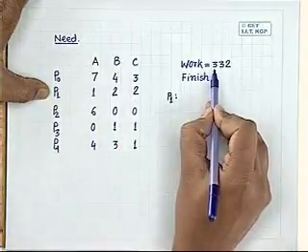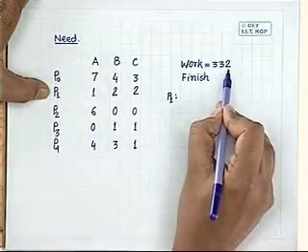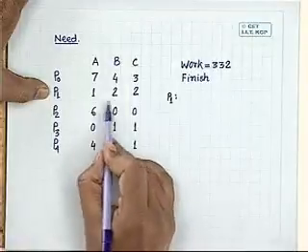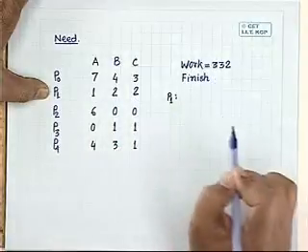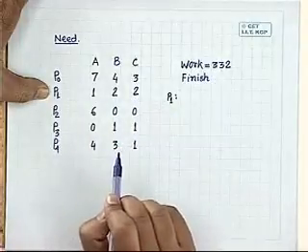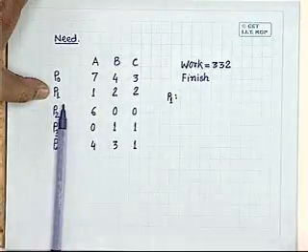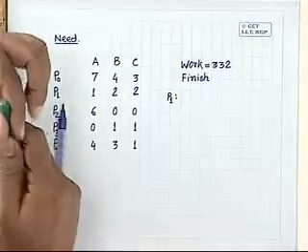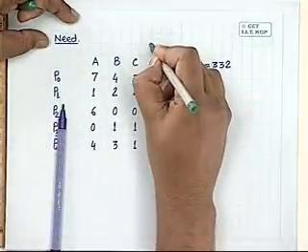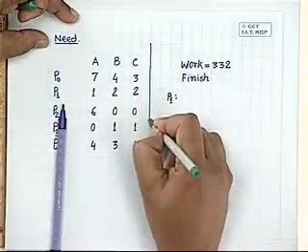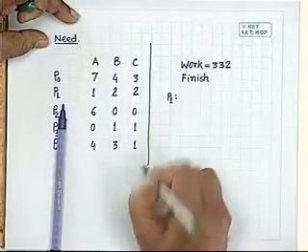The future requirement of process P1 is 1, 2, 2. The available number of resources is 3, 3, 2. So you find that 1, 2, 2 is less than or equal to 3, 3, 2, as per the definition of the less than or equal to relation over vectors that we have said: x is less than or equal to y if every component of x is less than or equal to the corresponding component of y.